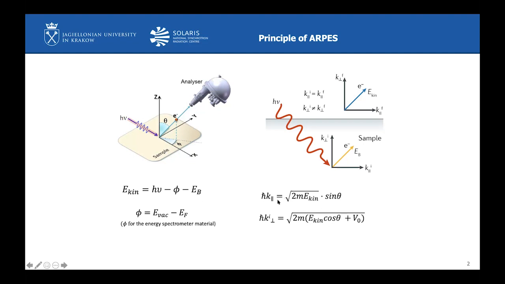It is the relation between the two components of the K vector, the energy and the angle at which photoelectrons have been emitted. As you can see, we have the square root of energy here and the sine of the angle. So naturally, it is strongly nonlinear. It will cause a lot of problems.